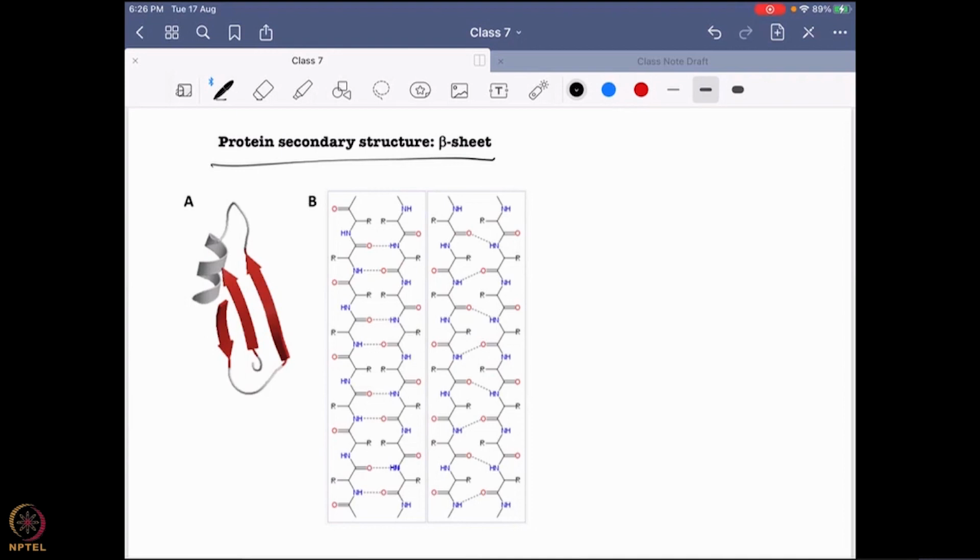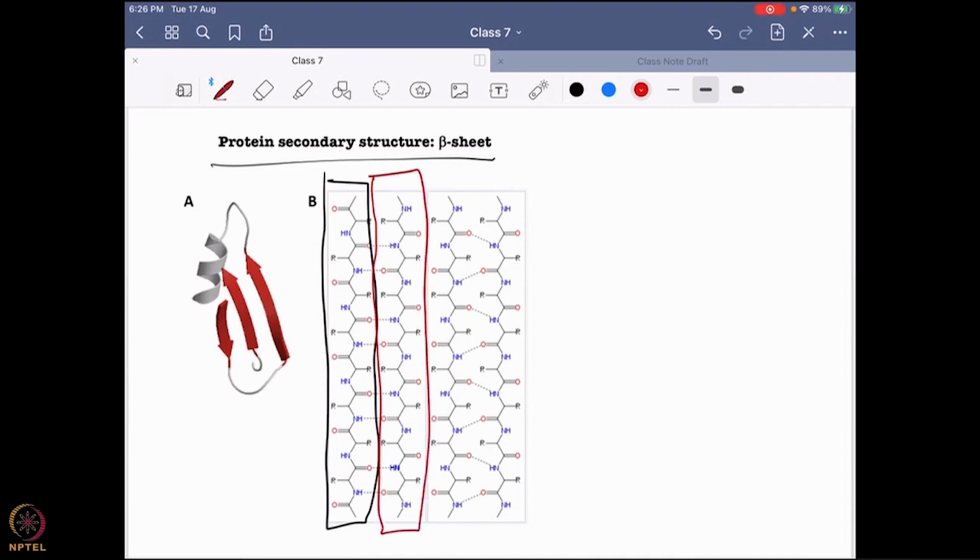But in the beta sheet, two different sides of the chain interact. You can see this is one particular chain, and this is another particular chain. And they are interacting in such a way that the amide bond of one and the NH bond of the other are interacting. And they form these bonds in this particular way nicely.